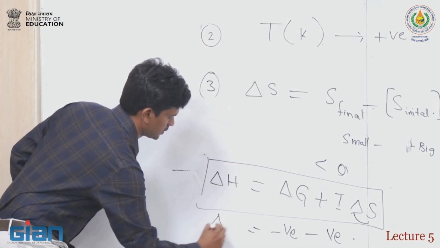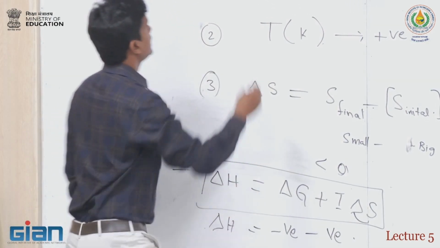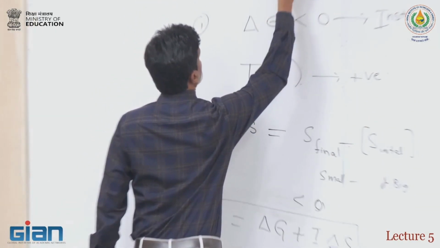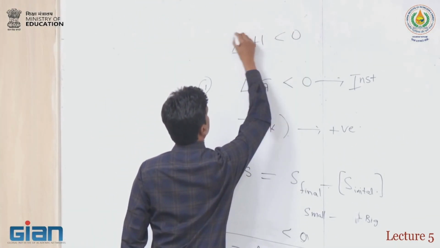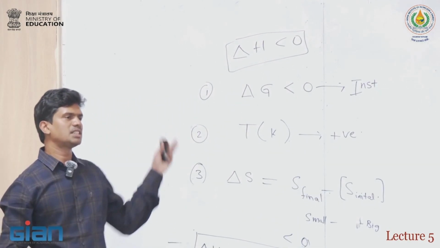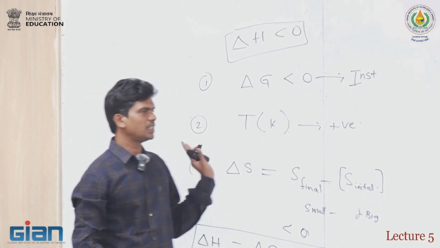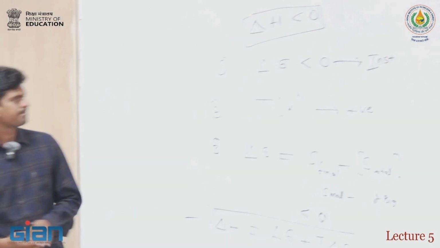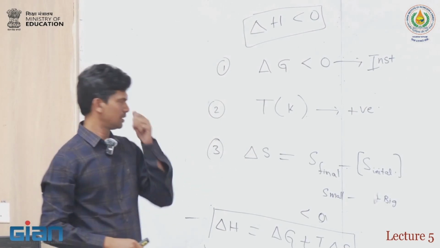So delta H is always negative. What it means is that whenever adsorption happens, heat releases. So that's why adsorption is an exothermic process. It releases heat.